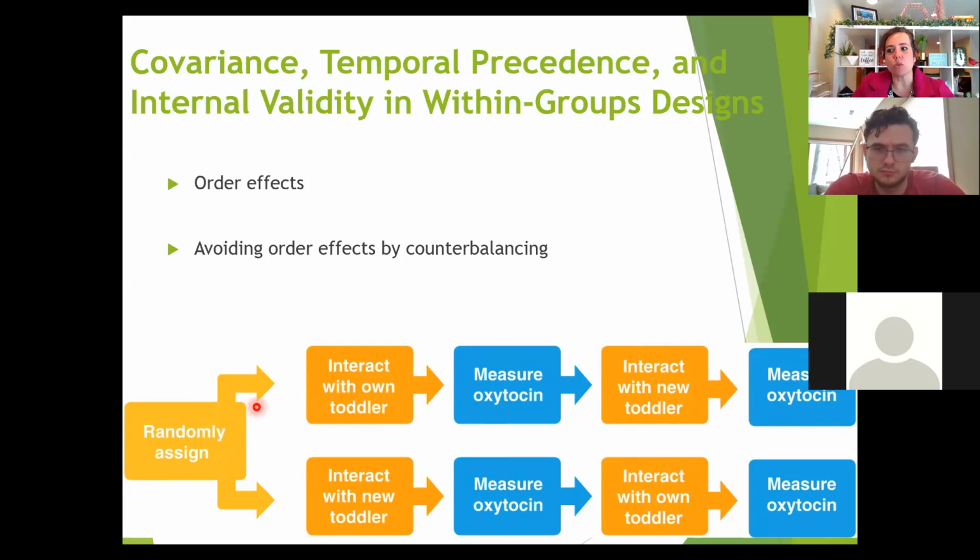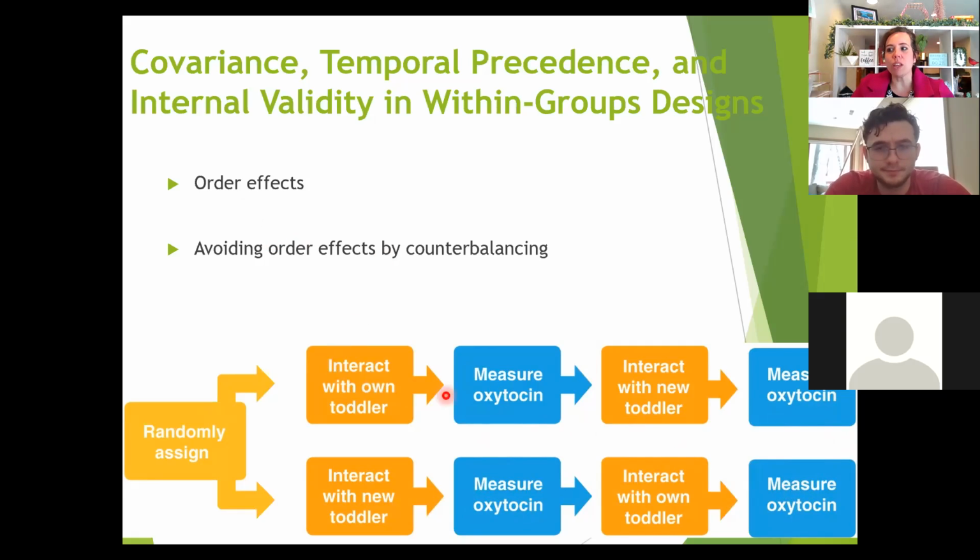But if you do this random assignment and you counterbalance it, and you have some women get shown the new toddler first and you measure oxytocin, then their own toddler and oxytocin. If these two right here are still the highest measure, that truly speaks to the impact of the new toddler exposure, right? But if the last two are the highest, that shows that this ends up priming or pumping up the levels of oxytocin regardless of the toddler that's showing.